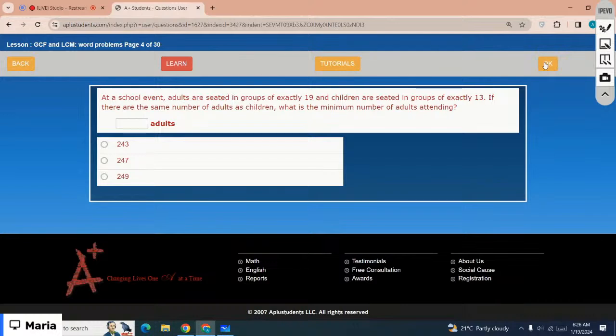Which is the minimum number? That means you need to find the LCM.